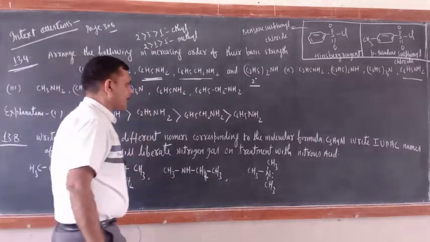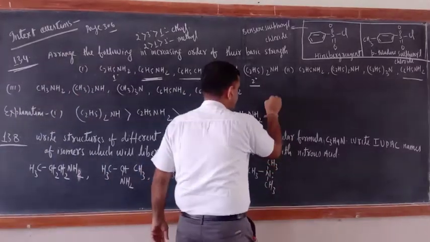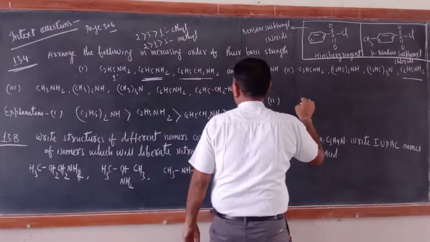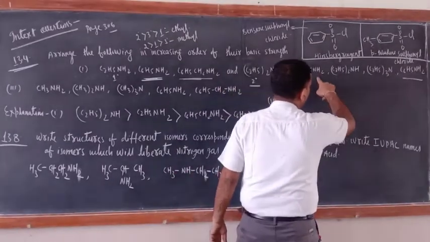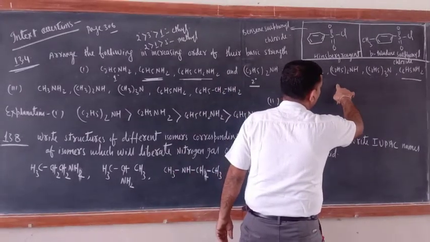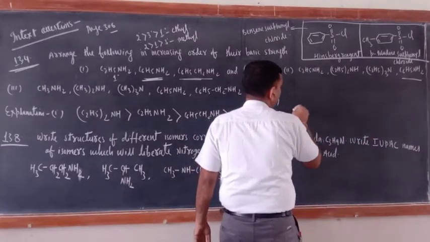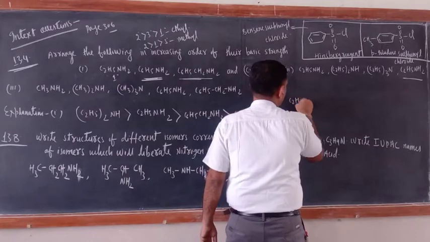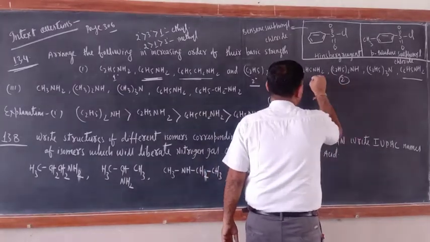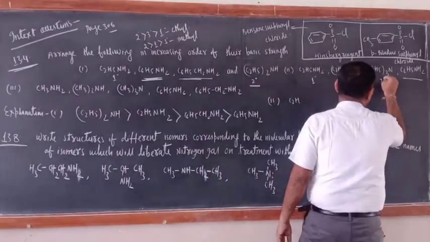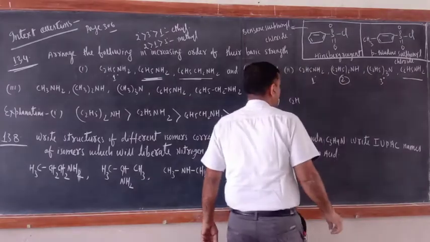Now what about the second one? The second one is also ethylamine only, and here they have introduced the 3 degree, so no problem. This is 2 degree, this is 1 degree, this is 3 degree, and this is aromatic amine.